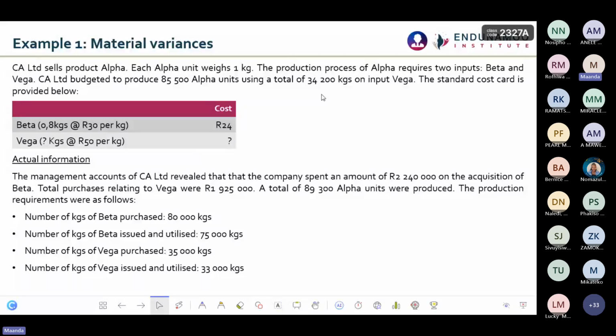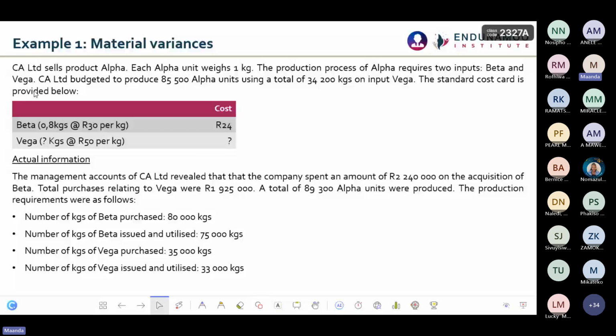So if I divide 34,200 by the budgeted units, 85, I get my standard material that I need for 1 unit of alpha, of Vega, sorry. If I take my kgs and divide by this, I know the kg needed to make 1 unit of alpha.